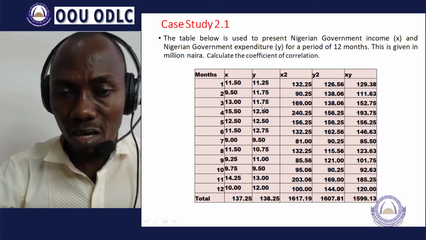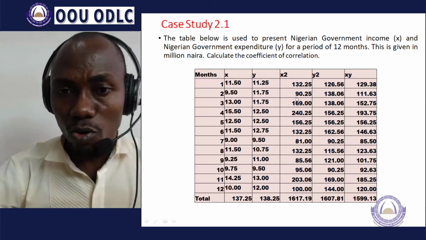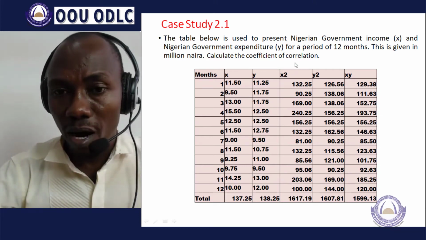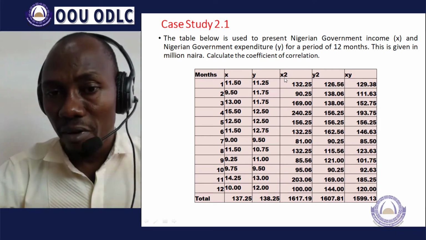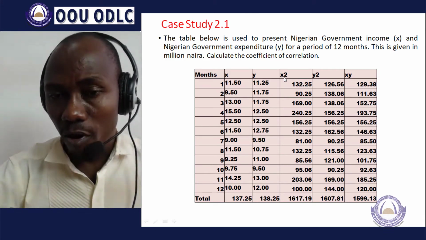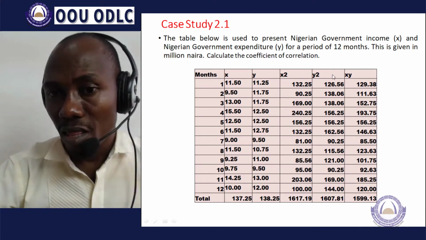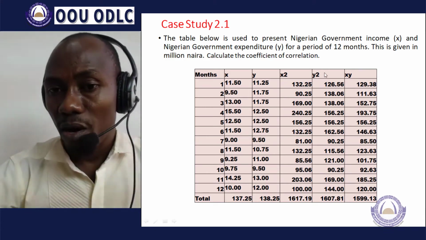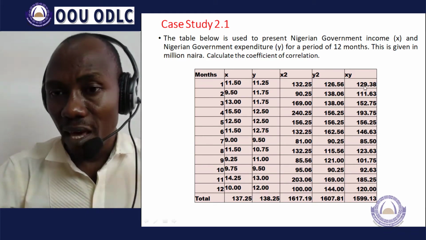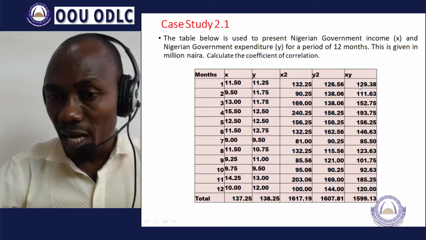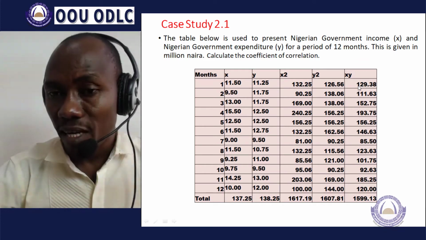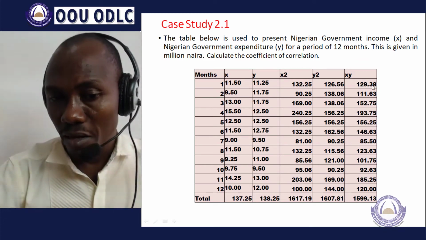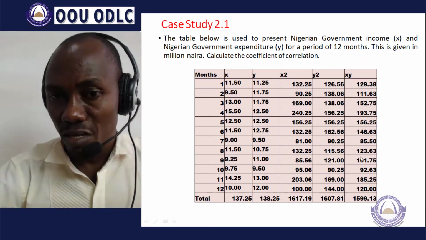So this fourth column is the square of the value of X for the 12 months. This is the square of the value of Y, and this is the product of X and Y for the 12 months.